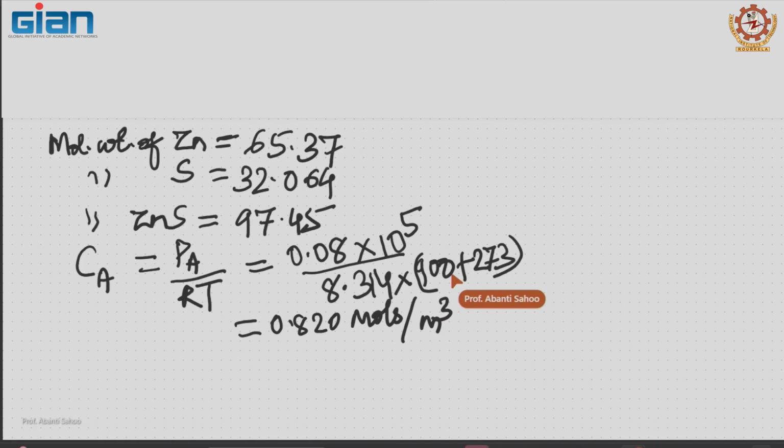Now, the molecular weight of the zinc sulphide is given, that is 97.45. That means we can say that it is this much grams per mole.